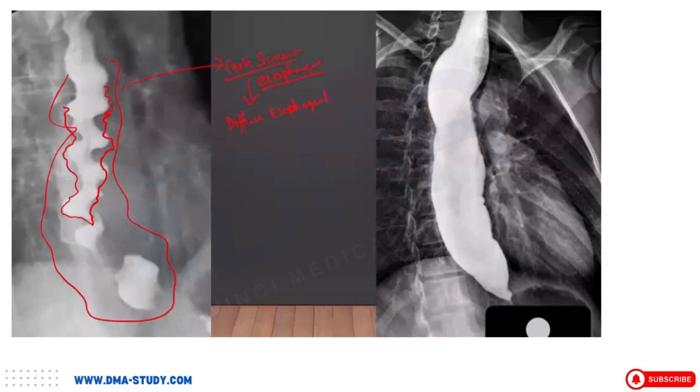Speaking about this diffuse esophageal spasm, the patient comes to you with chest pain plus dysphagia, a burning sensation, and the ECG and everything is normal. So it's a non-cardiac chest pain along with dysphagia, especially in females. How does the patient present to you?